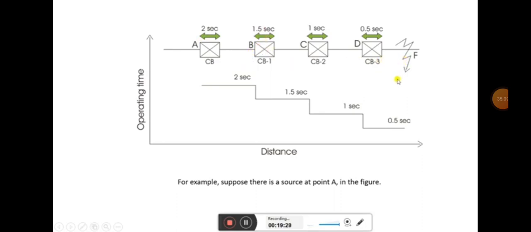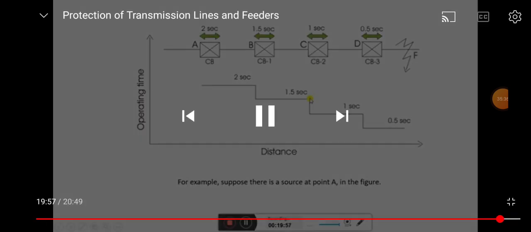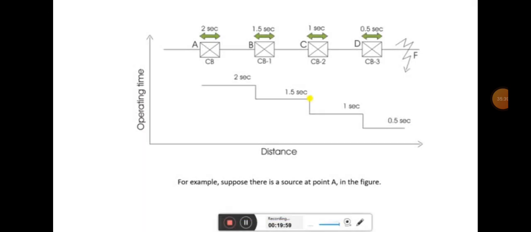So if a fault happens at the extreme end and the circuit breaker fails to operate, then as we move toward the source side, the time duration will be much more compared to a smaller span length of the transmission line. So this is not desirable for protection of the transmission system.